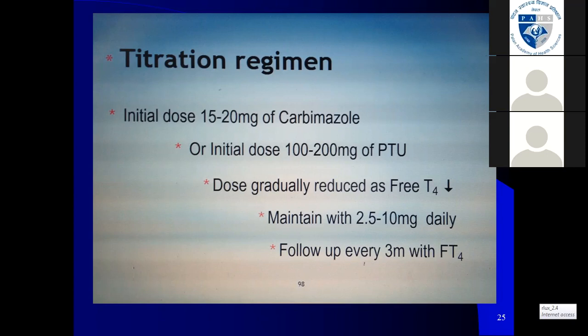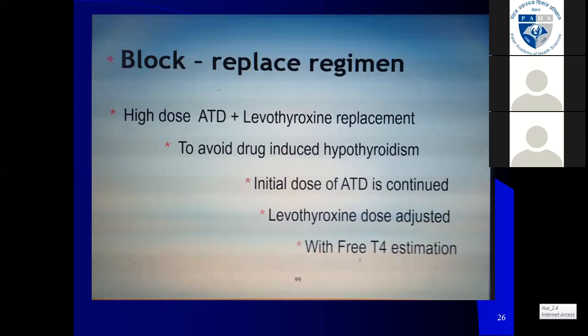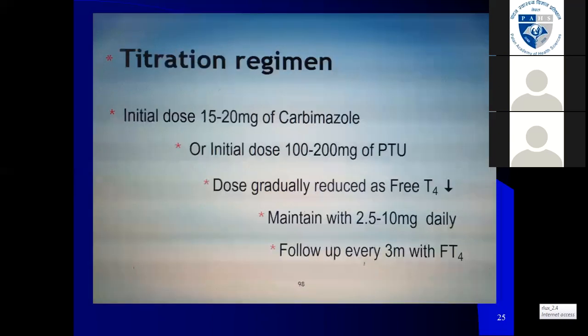But in the block and replace regimen, we use a high dose of antithyroid drugs along with levothyroxine, and we keep the high dose of antithyroid drug constant. In the titration regimen, the initial dose is 15 to 20 mg of carbimazole, or the initial dose of propylthiouracil is 100 to 200 mg.